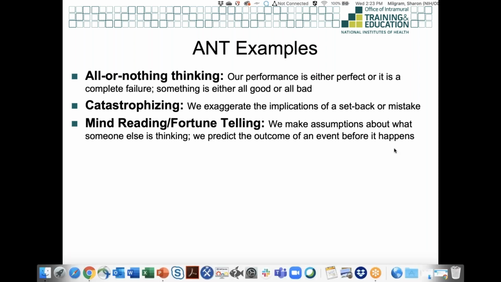These two, I'm going to give two of them together because they go together, mind reading and fortune telling. In mind reading, we make assumptions about what someone else is thinking.